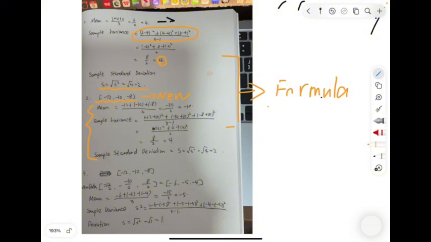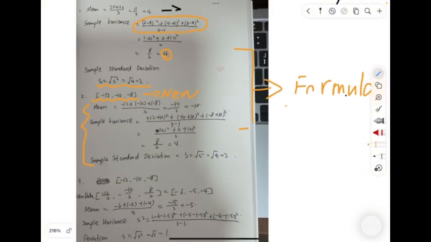For question 3, I think the mean in question 2 is minus 10, which differs from the mean in question 1 because they changed the data. And the sample variance and sample standard deviation in question 2 are the same as in question 1. And I think you can see in the paper it's the same.